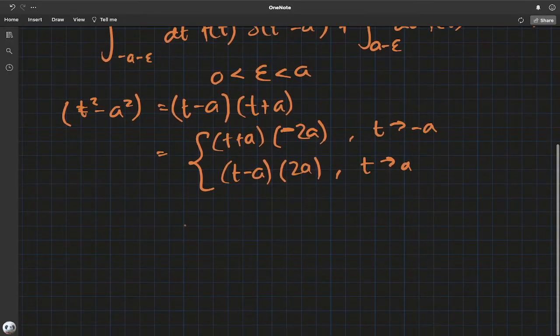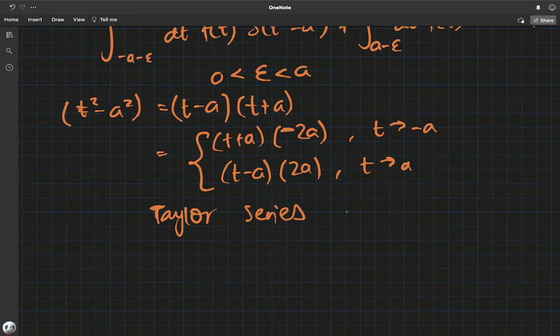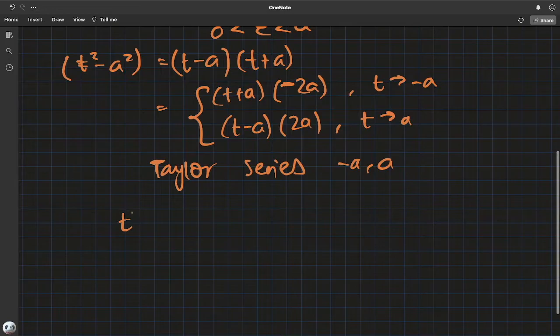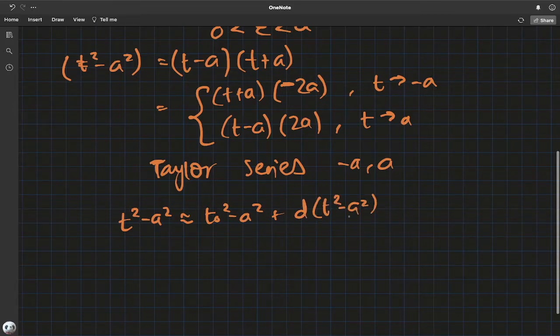How do I get this? It's because of Taylor series. So it's a Taylor expansion around the points negative a and a. So t squared minus a squared is approximately equal to t naught squared minus a squared plus the derivative of t squared minus a squared with respect to t at t equals t naught times t minus t naught.